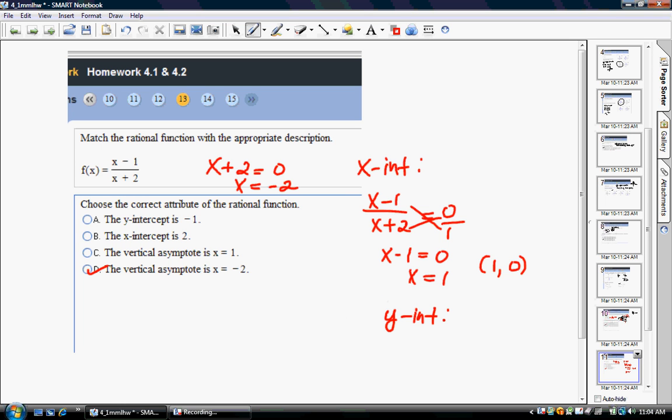What about the y-intercept? That's when we let x equal 0. To find f of 0 would be 0 minus 1 over 0 plus 2, which becomes negative 1 over 2. So the y-intercept is 0, negative 1/2. So we know A, B, and C are not correct, so it has to be D.